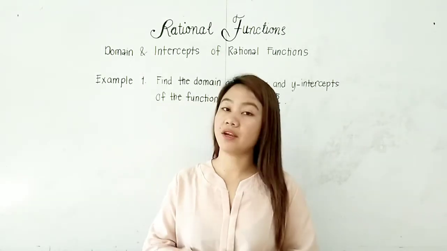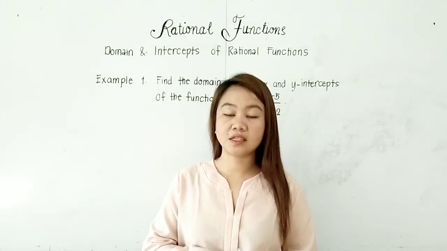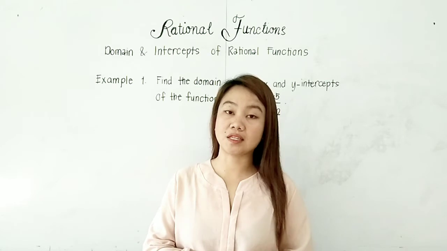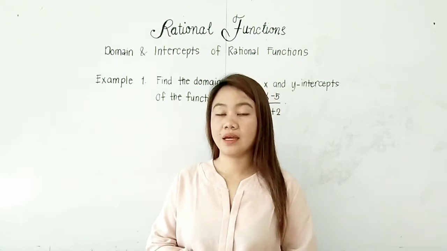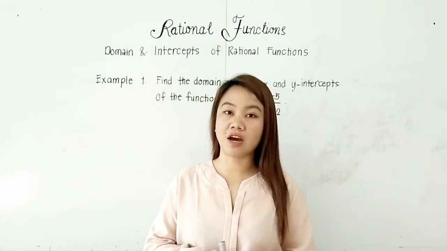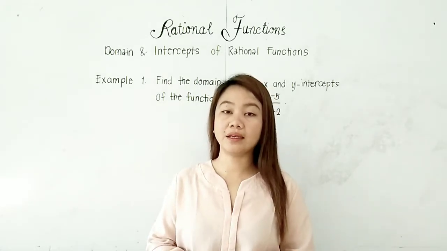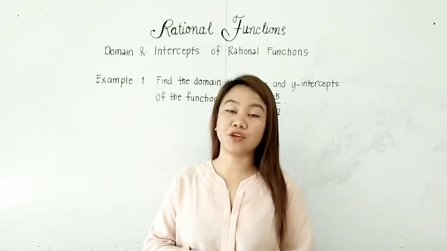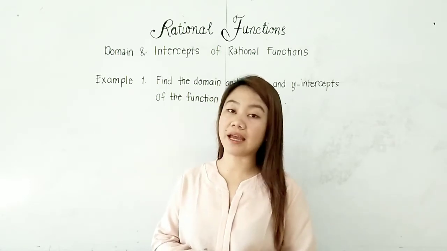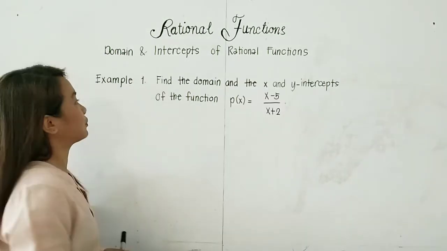The domain of a rational function is the set of all real numbers such that the denominator is not equal to 0. The x-intercept is the value of x of the given function if y is equal to 0. And on the other hand, the y-intercept is the value of y of the given function if x is equal to 0. Let's take example number 1.